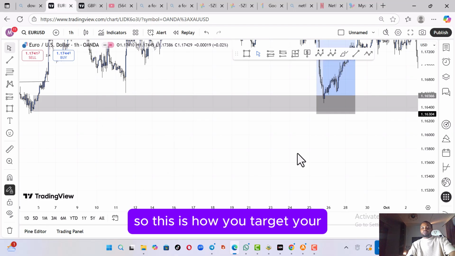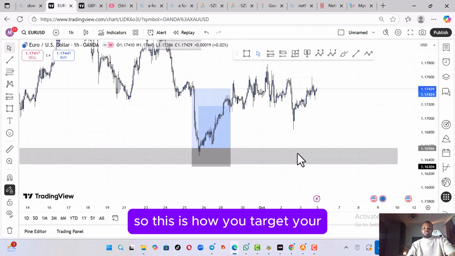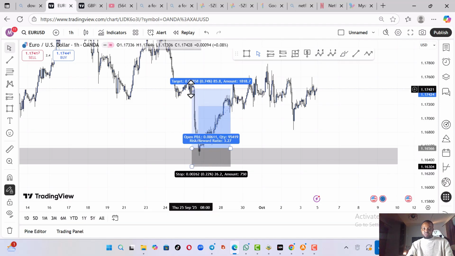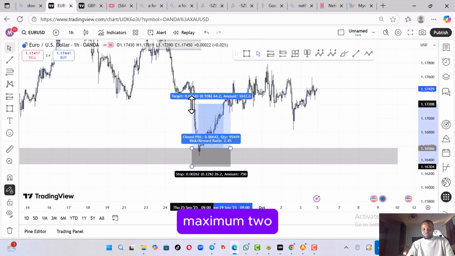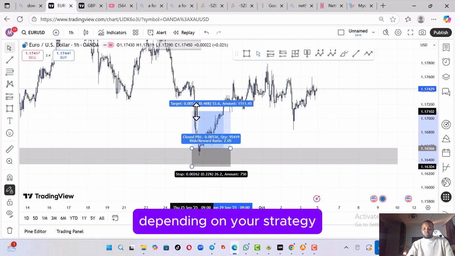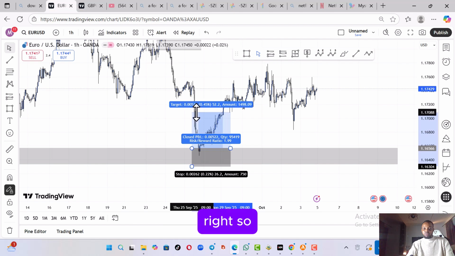So this is how you target. Your risk to reward should be a maximum of two, or even three, depending on your strategy, right?